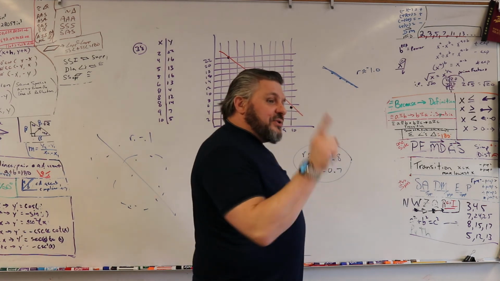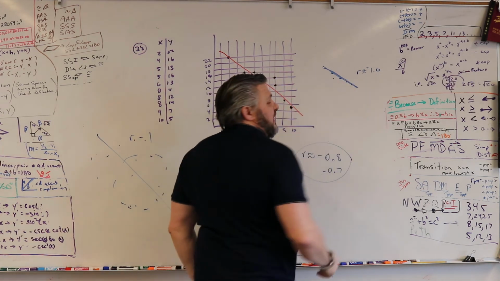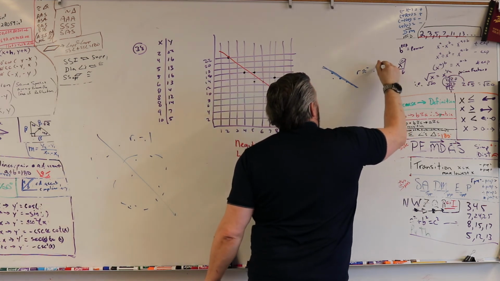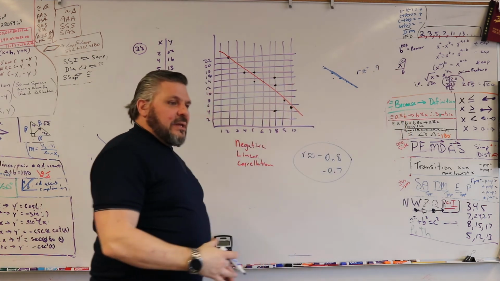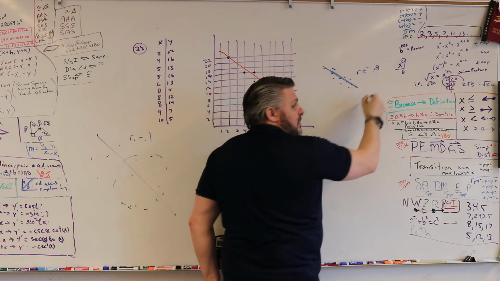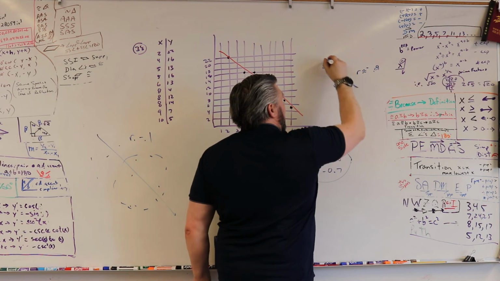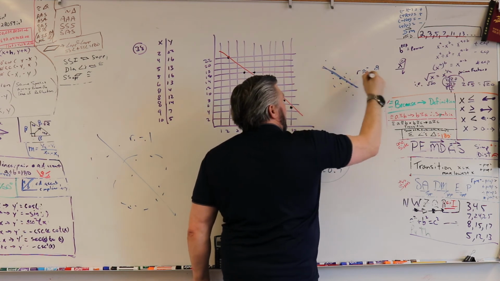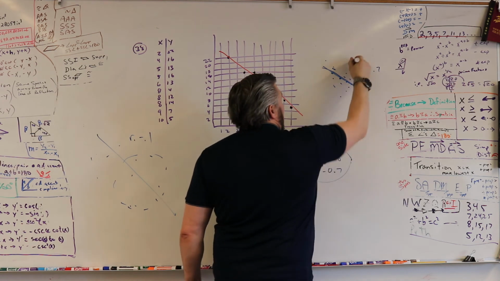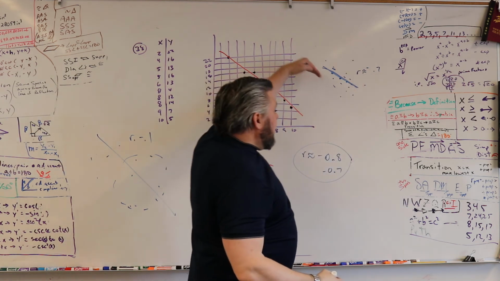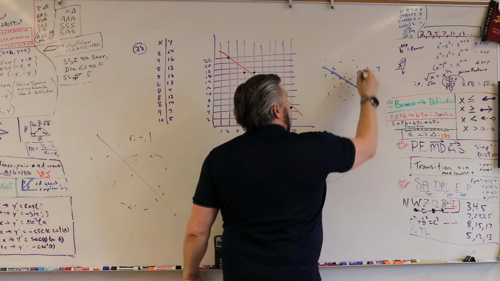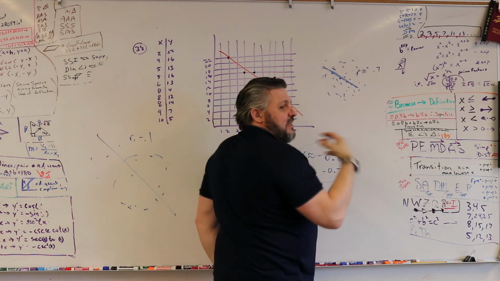So if every point's on the line, now what if one point's off? Then it's a negative 0.1 point something. And then it goes like this: 0.8, 0.7, 0.6. You see how this is getting more to be like a shotgun? Once it gets to here, it gets almost to 0.